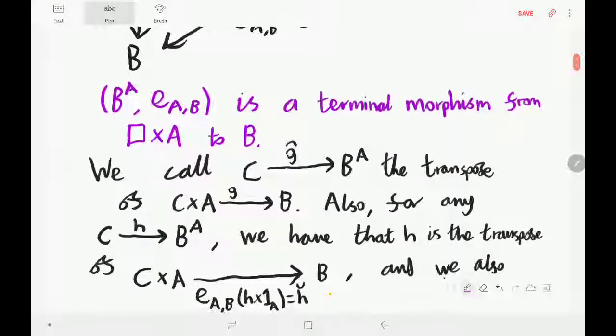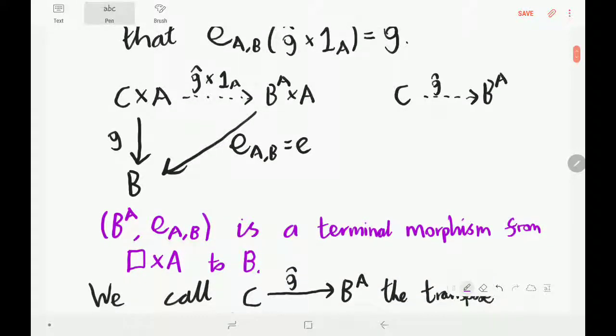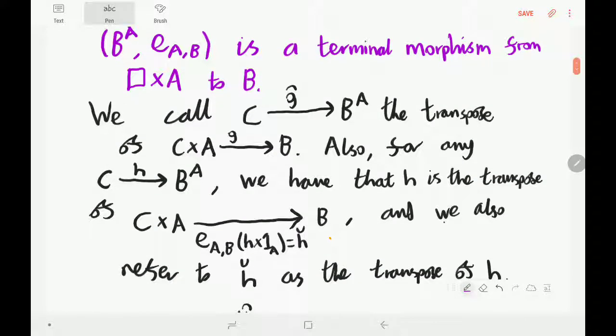And when we're doing a transpose from an arrow from a product to an arrow into an exponential, we call the arrow into the exponential the cap of the arrow from the product. And conversely, when we have an arrow to an exponential and we convert it to an arrow from a product, we call the resulting arrow from the product H cup.